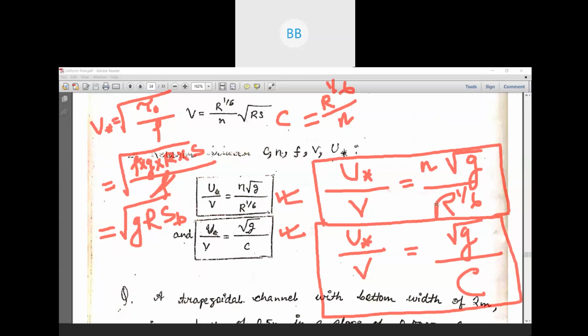If you remember one, then for the other one you can use this condition and come up with this equation, that C is equal to R to the power 1 by 6 divided by n. Kindly write down these two expressions.